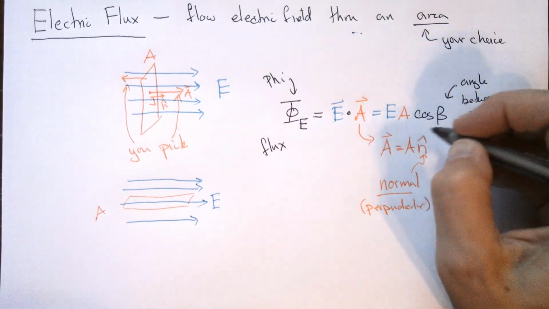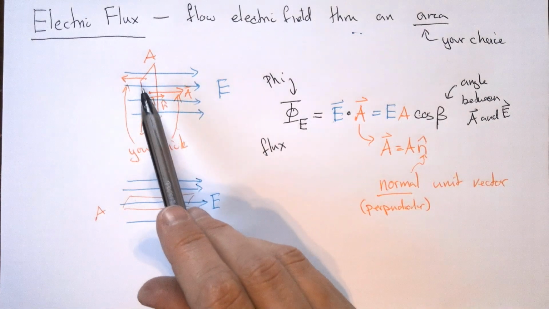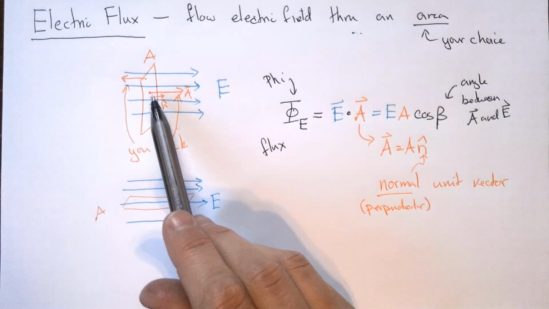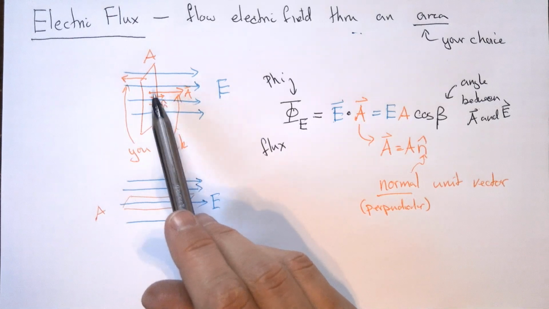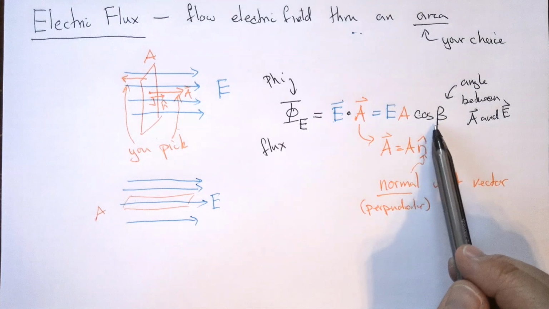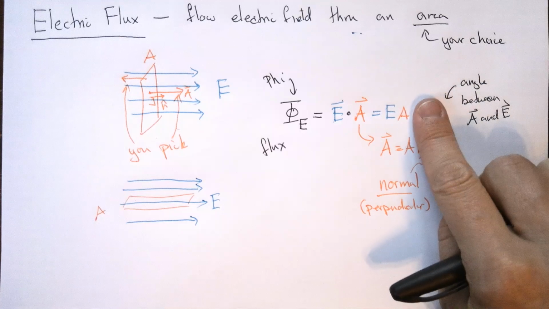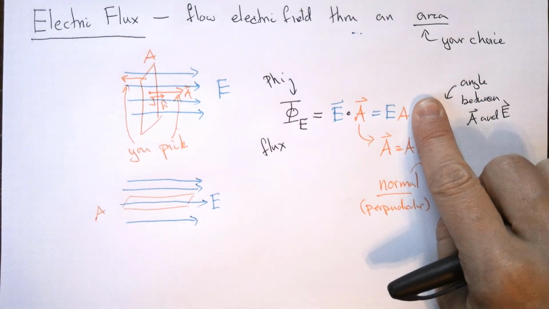And this angle, and that's a beta by the way, this angle here, the electric field pointing that way, the unit vector is also pointing the same way, so if you pick this one, the angle between them, that beta, is going to be 0. Cosine of 0 is 1, so then the flux would just be the magnitude of the electric field times surface area.